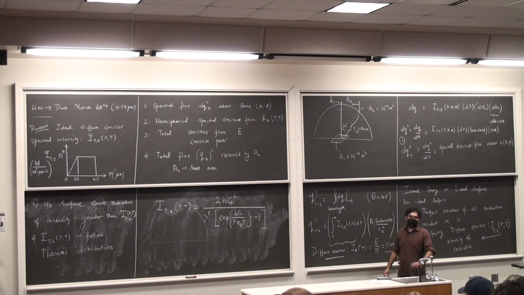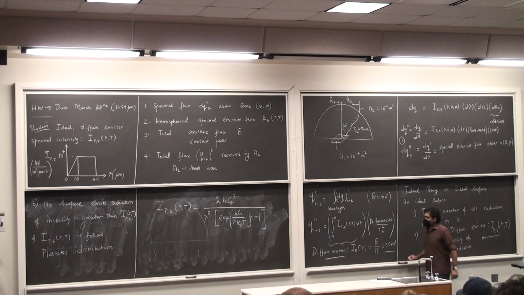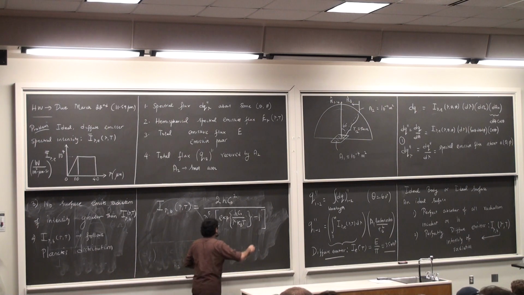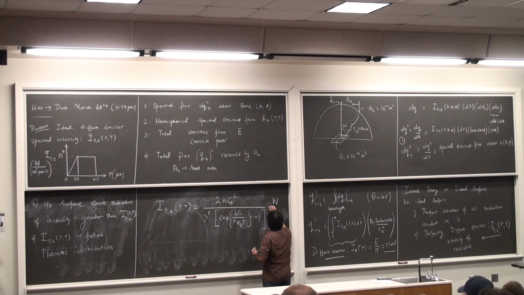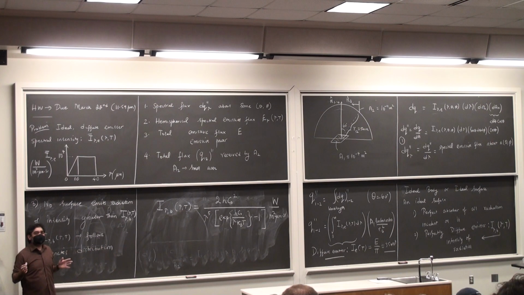And I'll explain these terms one by one. Okay? H is Planck's constant, and this is units of watts per meter, micrometer, steradian. So this is your typical I lambda comma E, but for an ideal surface.